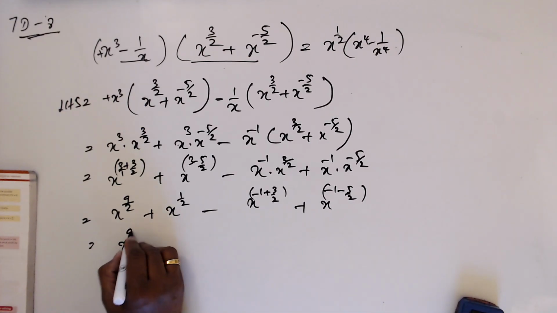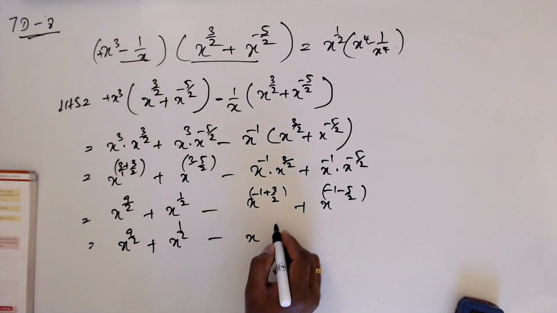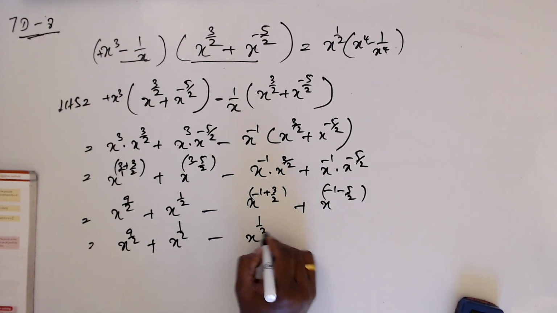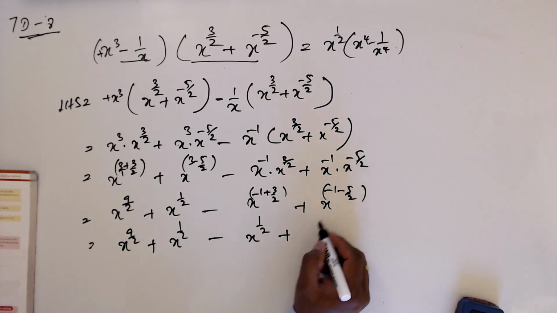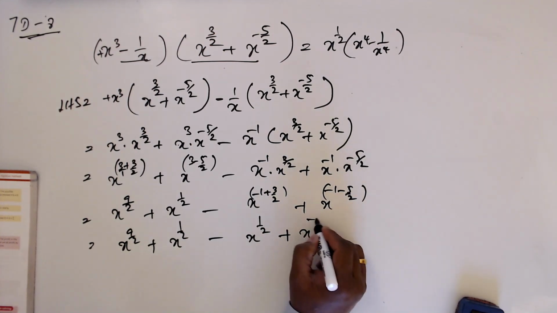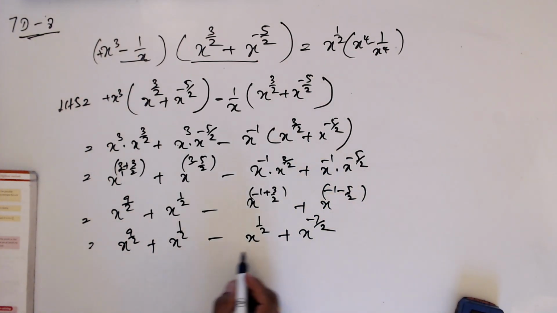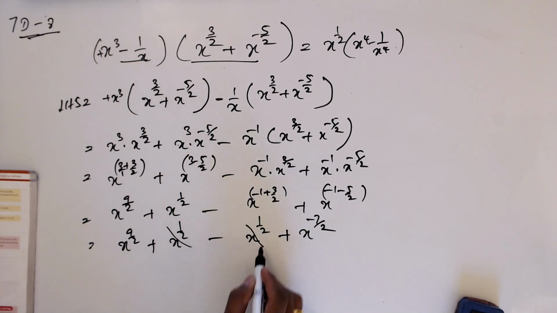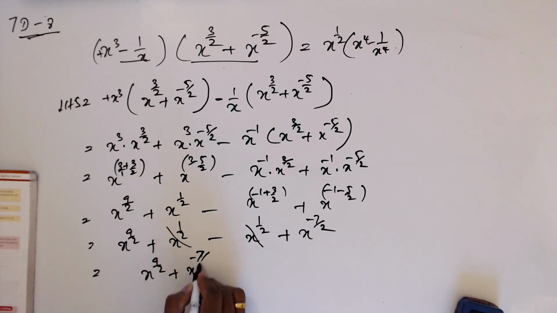This is x to the 9 over 2 plus x to the half minus x to the 1 over 2 plus x to the minus 7 over 2. So minus half and plus half cancel out. x to the 9 over 2 plus x to the minus 7 over 2.